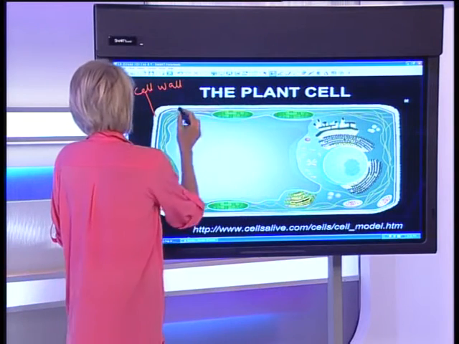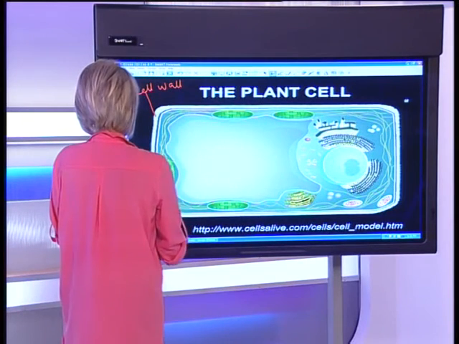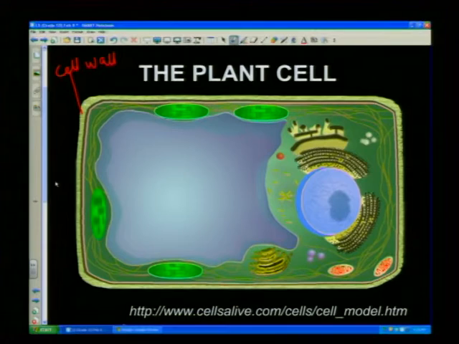Then we have this structure here, which is right next to it, and I'm going to do this, and that is the cell membrane.